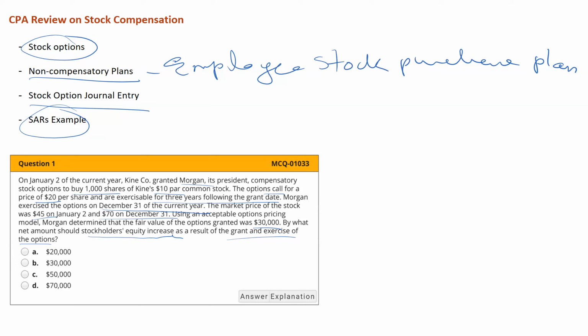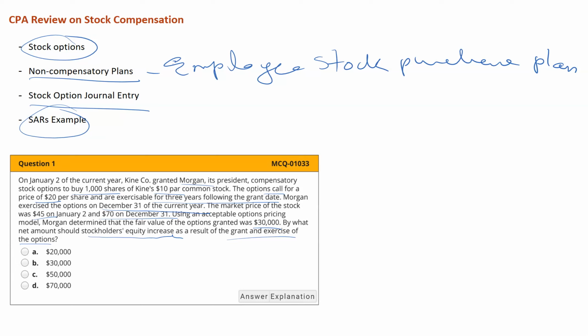So now the question is, what would be the impact on your stockholders' equity? Remember, when you record the compensation expense, it is an expense. It should reduce your stockholders' equity, and then when we record it, we credit paid in capital stock options.